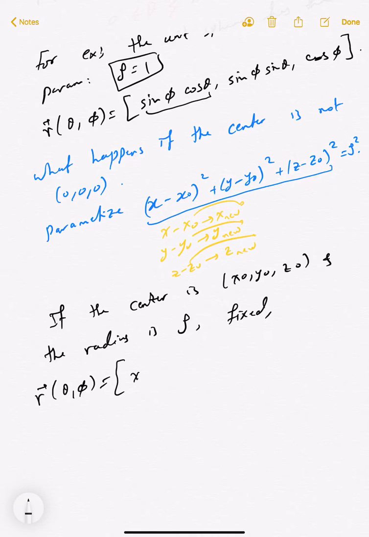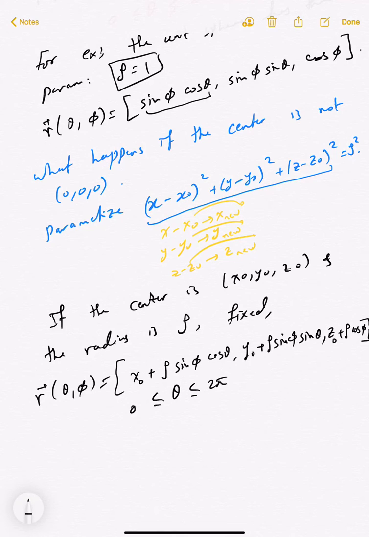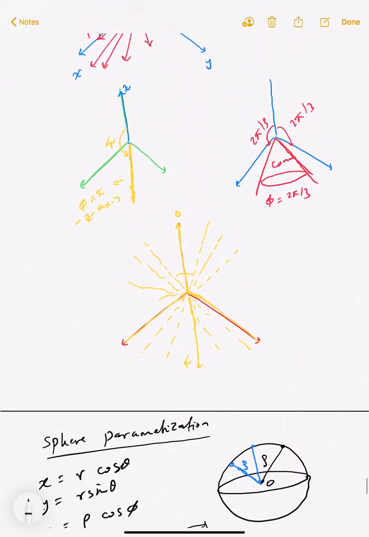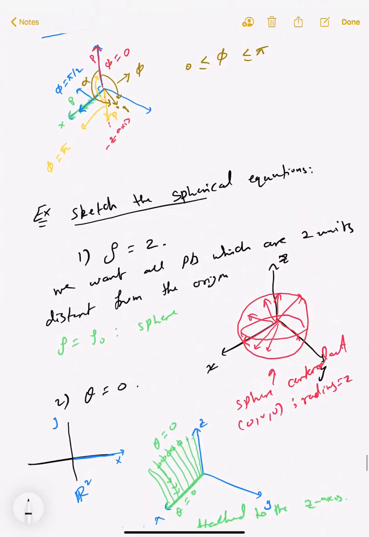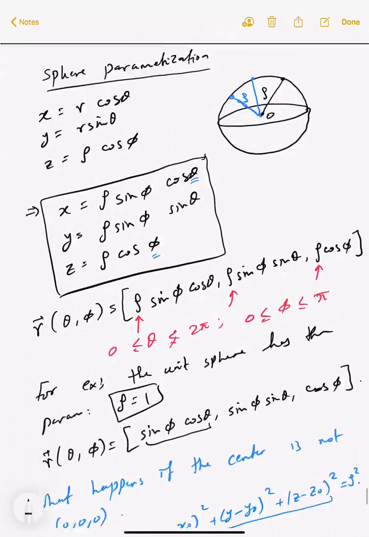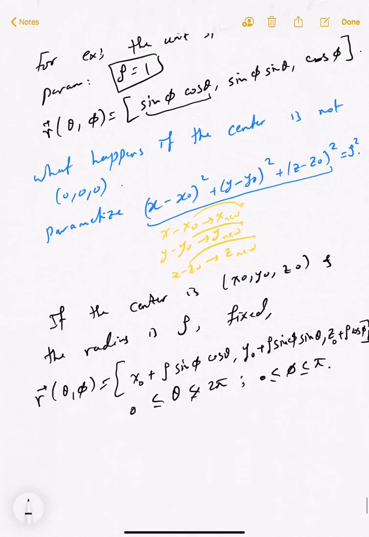It will be x naught plus rho sine phi cosine theta, y naught plus rho sine phi sine theta, and z naught plus rho cosine phi. This will be my parameterization, and again theta is from 0 to 2 pi, and phi is from 0 to pi. This is the full details of the sphere parameterization, and this will be very crucial in our understanding of these surface integrals.